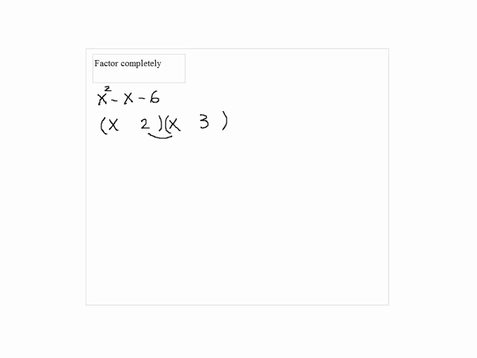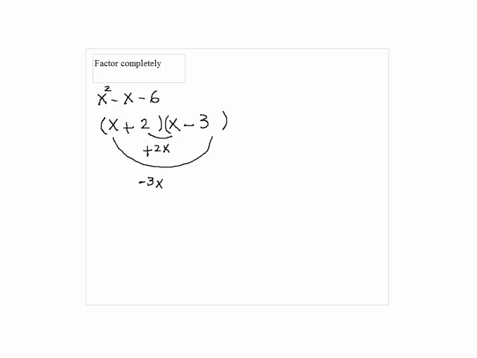Here we have a trinomial, nothing in common between those three terms except 1. You open two parentheses. You ask yourself, what times what gives you x to the power of 2? In this case it would be x and x. Multiply together, you get x to the power of 2. And look at the constant, you get minus 6. What times what gives you minus 6?